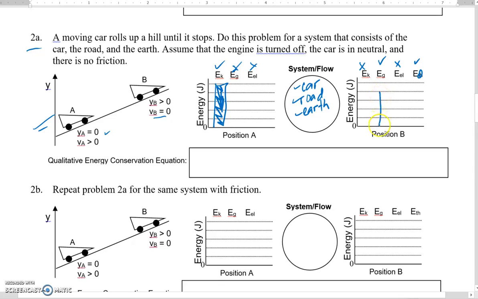So let's say 4 bars of gravitational, 1 bar of dissipated energy. And the equation then would be that the kinetic energy in situation A must equal the gravitational potential energy plus the dissipated energy in situation B.